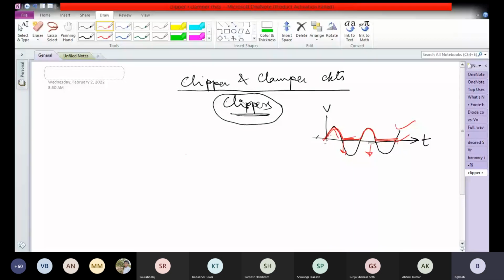Clipper circuits are very favorite in the minds of the interviewers, and they are relatively simple to analyze, provided you do some practice with them. Please do practice with clipper circuits. So I'll just draw some typical examples. So let us have a circuit like this.